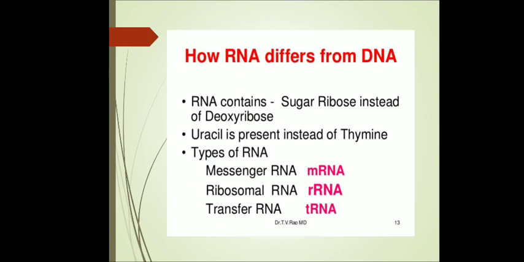There is only the difference of one oxygen atom. The second difference is in the pyrimidine group, which includes uracil in RNA instead of thymine.